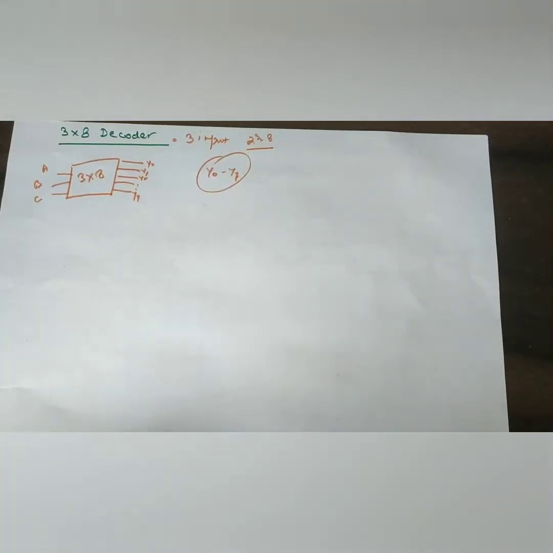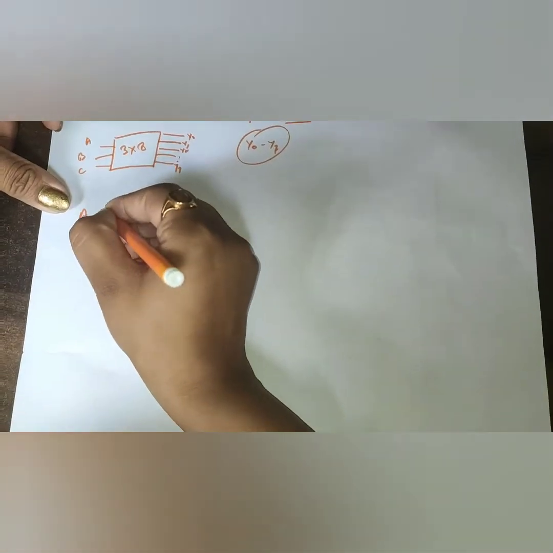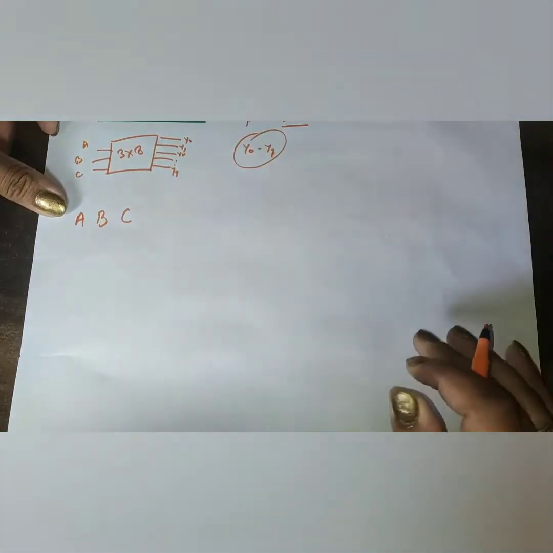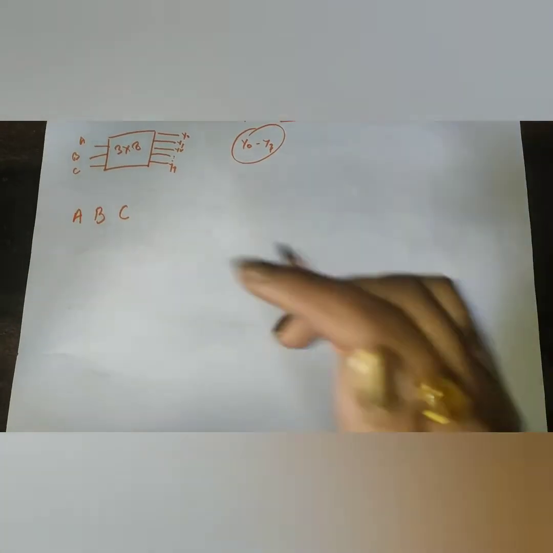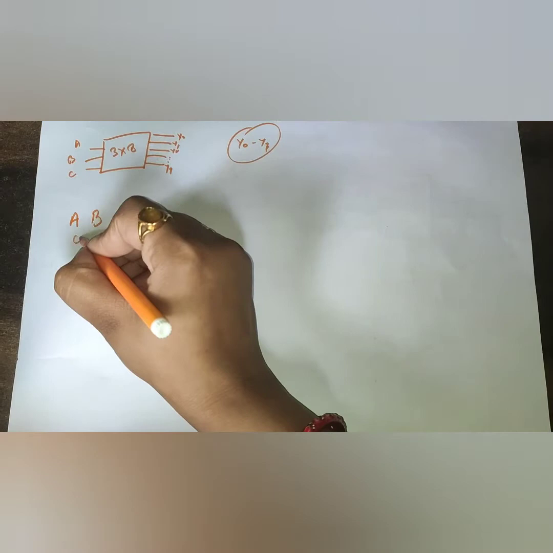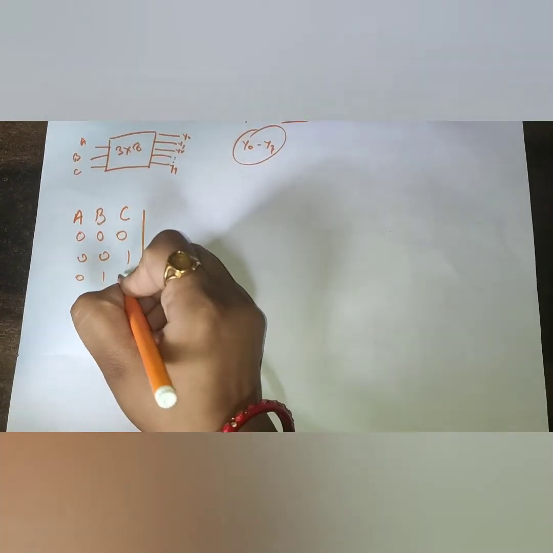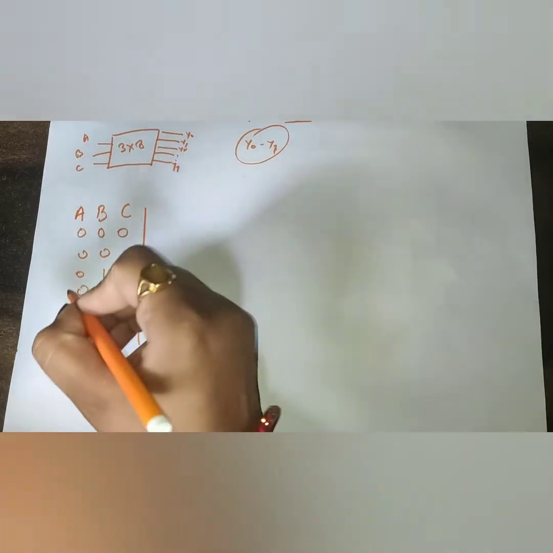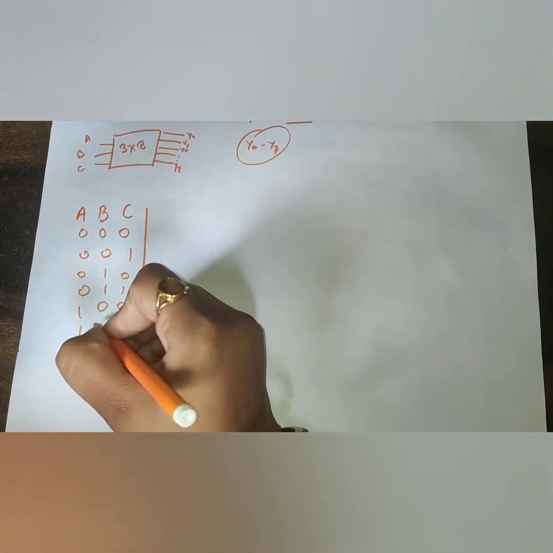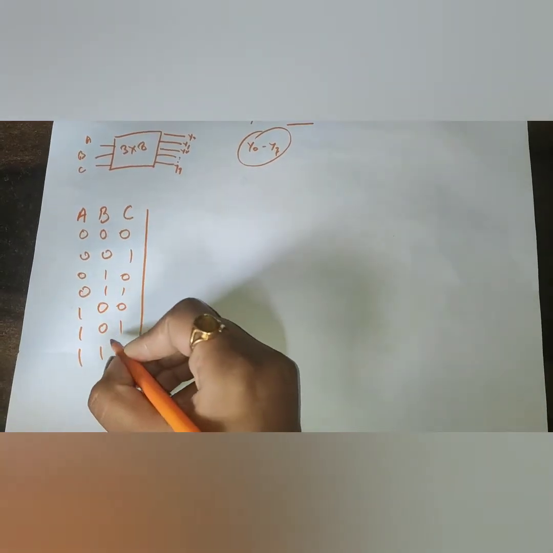So in a 3-bit input, A, B, C, there are possible conditions: 000, 001, 010, 011, 100, 101, 110 and 111.